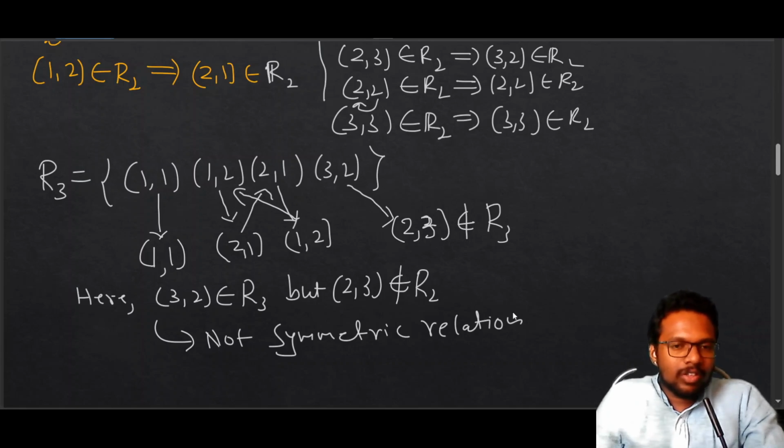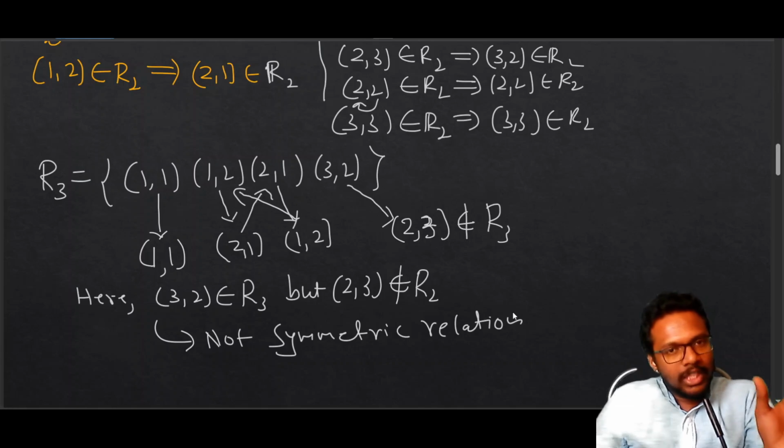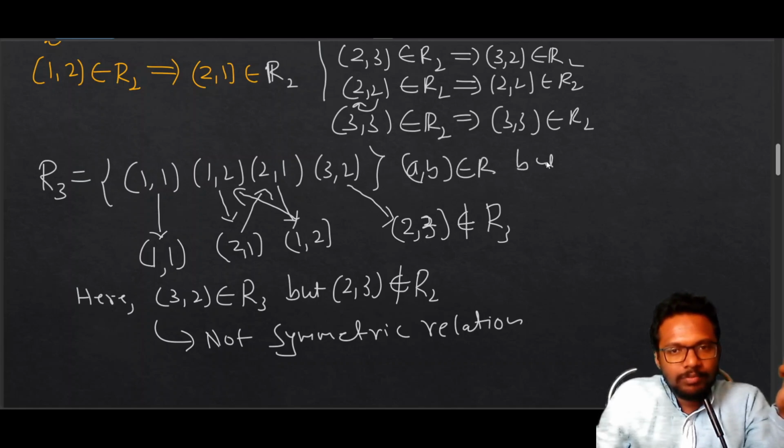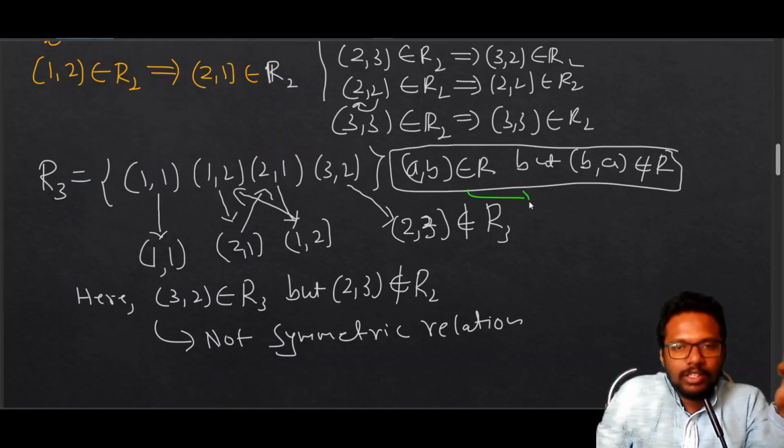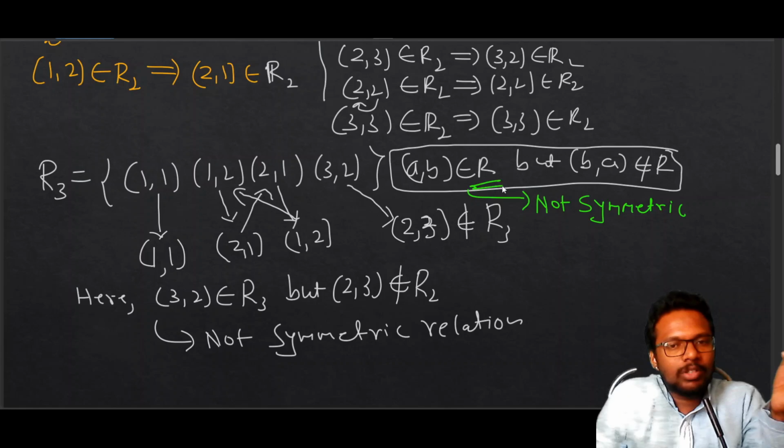So when will it be not a symmetric relation? If (A,B) is in relation R and (B,A) is not present in relation R, then it is not symmetric. (A,B) belongs to R, but (B,A) does not belong to R, then it is not symmetric.